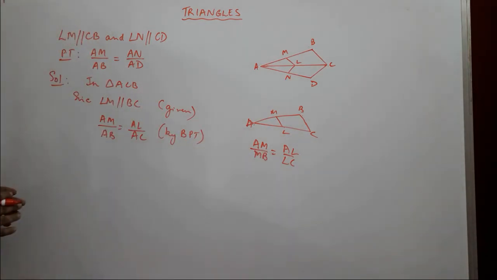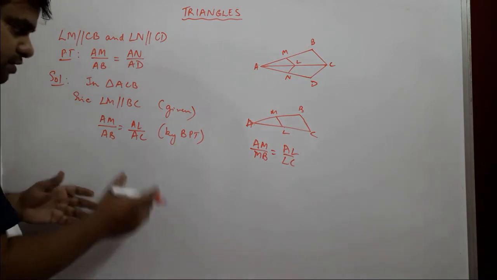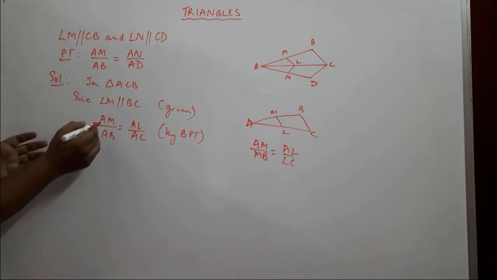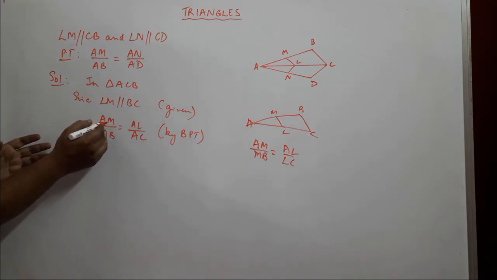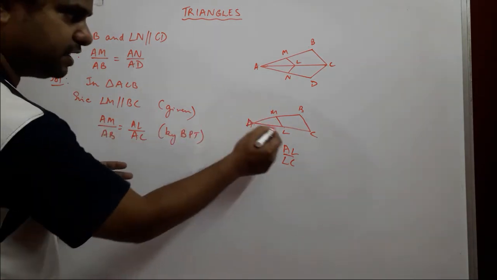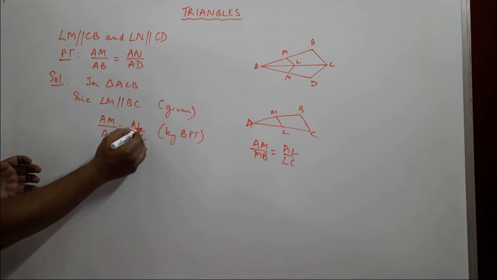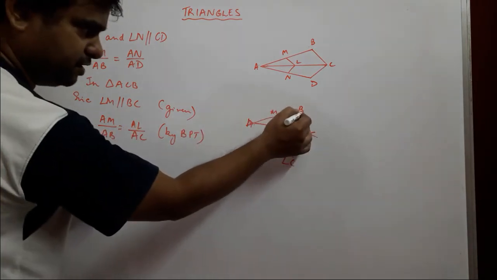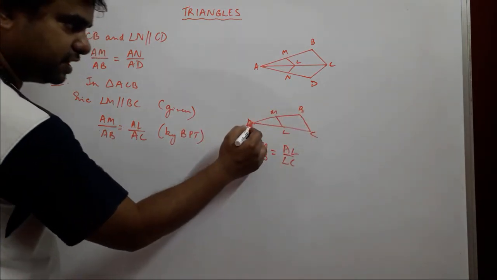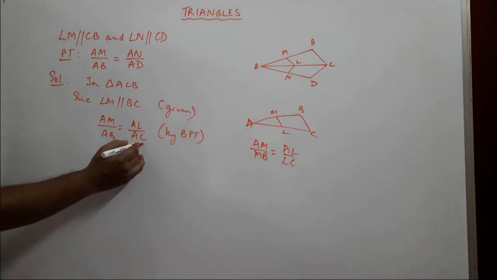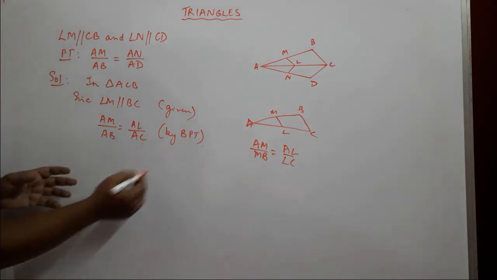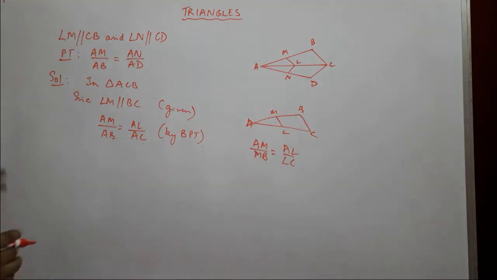It just says that they have to be in same proportions or ratios. If we have taken AM, then we have corresponded that with AL over here. And if we have taken AB, the full length, then we have corresponded that with AC over here. So that satisfies the basic proportionality theorem. There's nothing wrong with it.